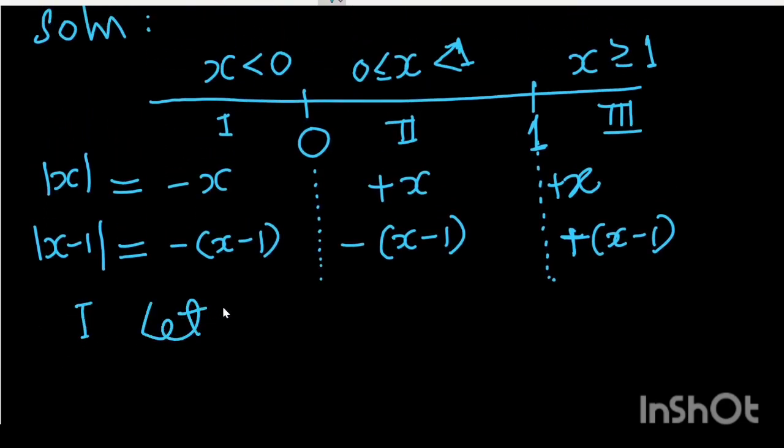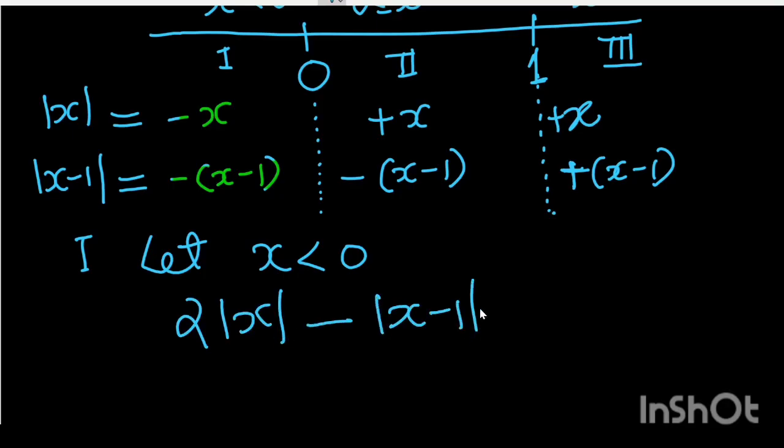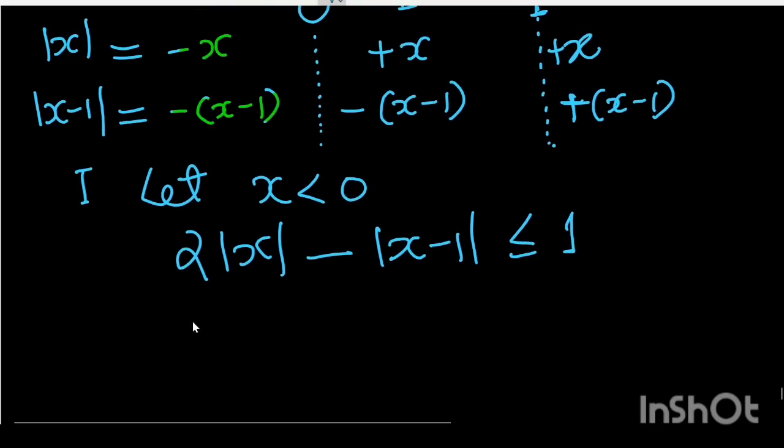If you assume x is less than 0, in that case |x| will be replaced by a minus sign, and |x - 1| again by a minus sign. So the question 2|x| - |x - 1| ≤ 1, here |x| is replaced by -x, so it becomes -2x.